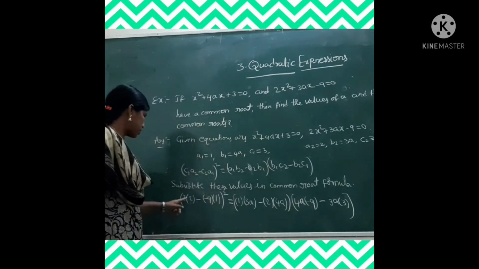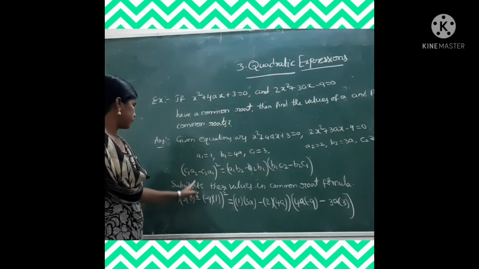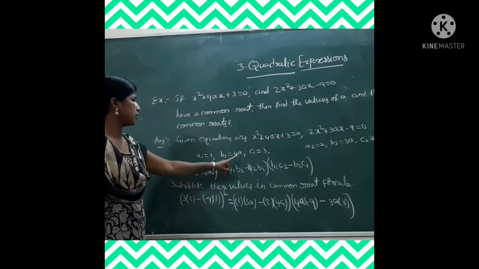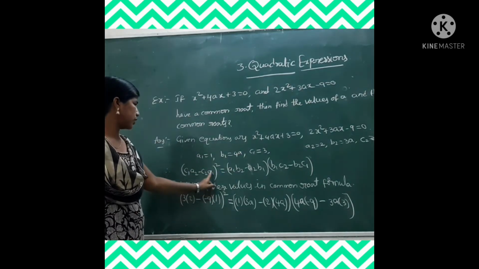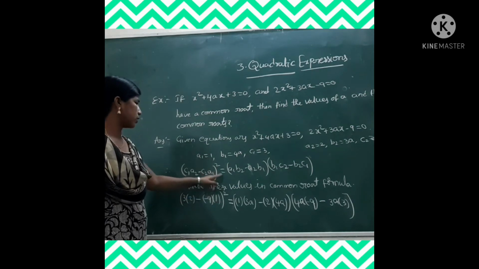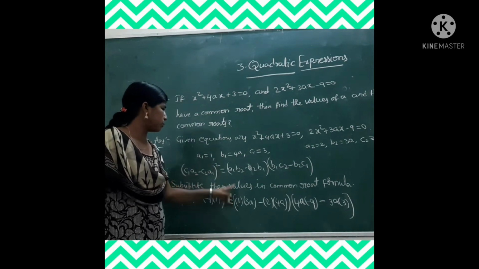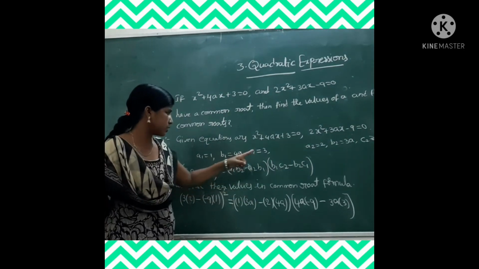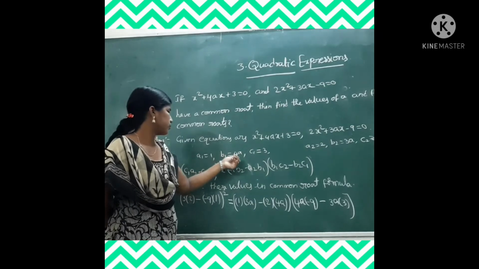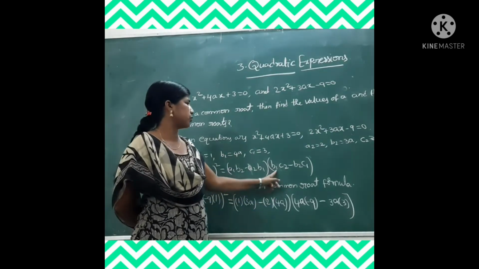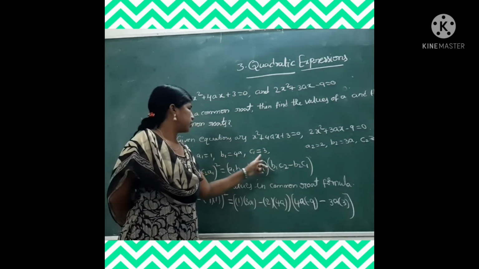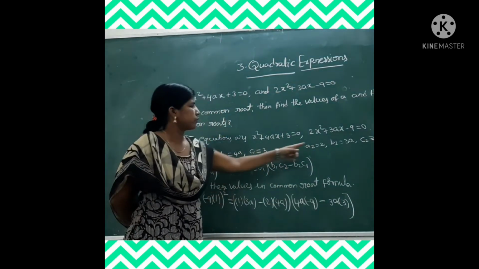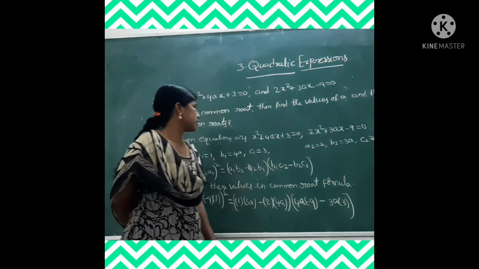Okay, now check. C1 means 3 and A2 is 2, minus C2 means minus 9 and A1 is 1, whole square is equal to A1 again 1, B2 means 3A minus A2 means here 2 and B1 4A, and B1 again 4A, and C2 minus 9 minus B2 3A, again C1 is 3.